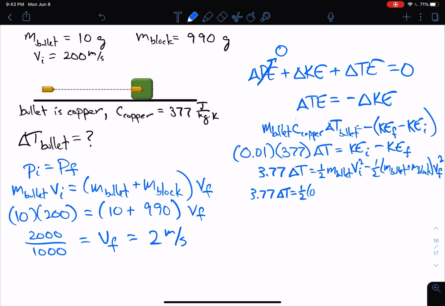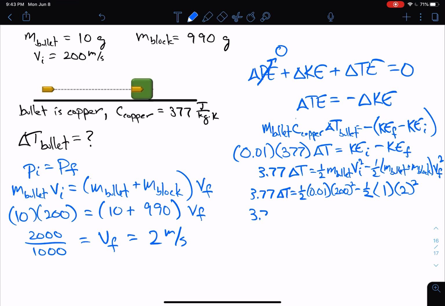So this is 1/2 times 0.01, the initial speed is 200, so 200 squared, minus 1/2. Now I already know that the mass of the bullet plus the mass of the block is 1,000 grams, which is 1 kilogram, so that's just 1. And V final is 2, so 2 squared.